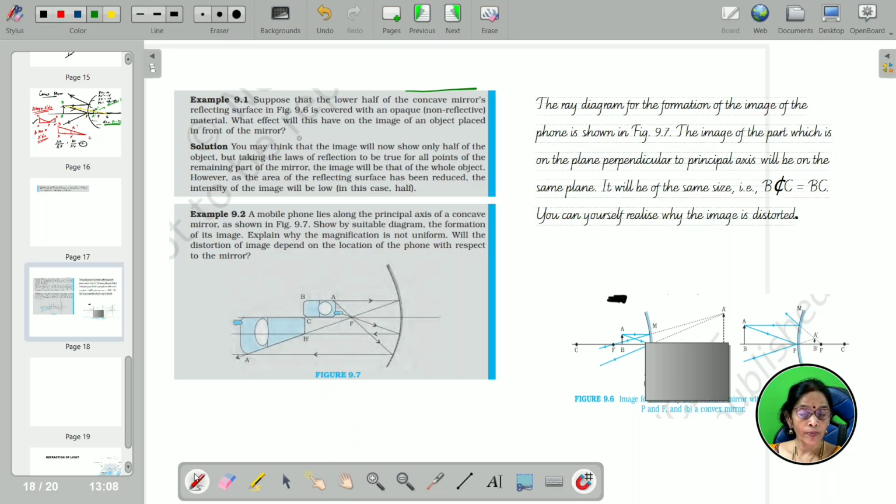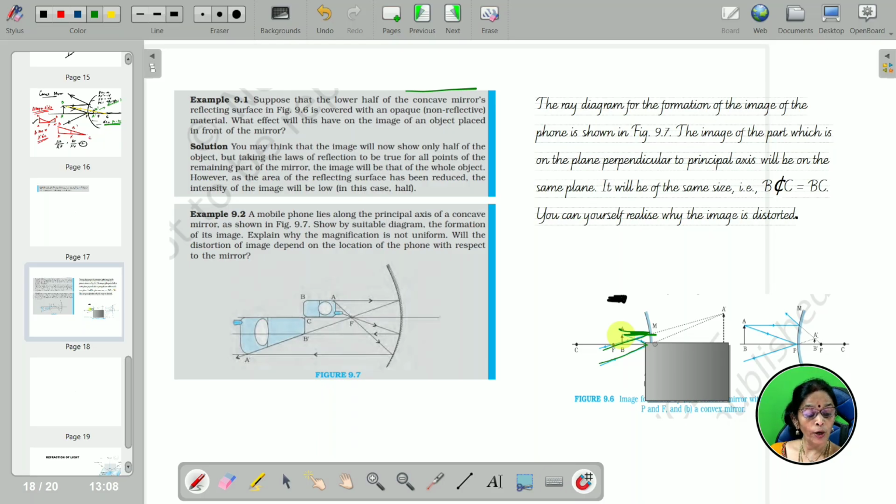The upper part is undergoing reflection, so the beam of light rays coming from the object undergoes reflection and produces an image.